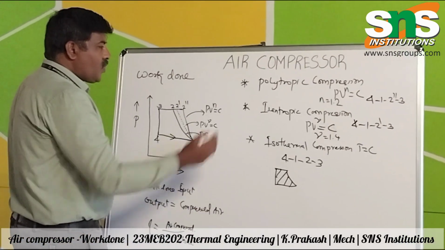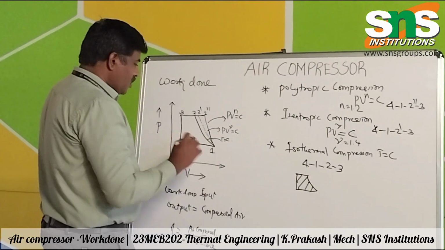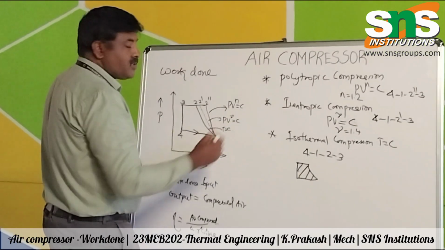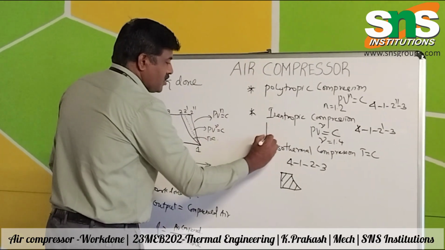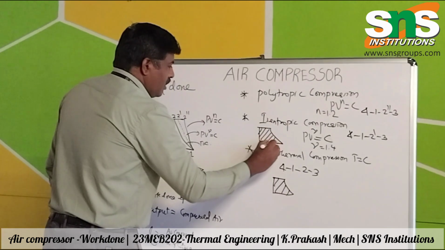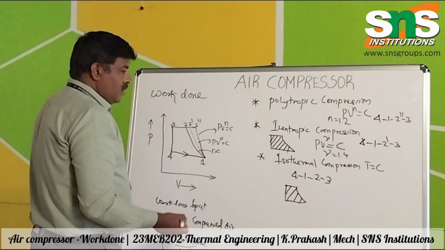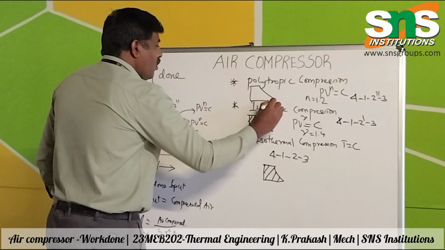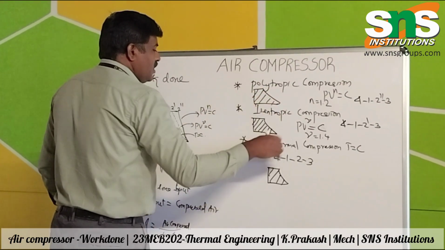When we go for the isentropic compression, the area obtained is a little greater than the isothermal compression. If we go for the polytropic, this area of compression is more compared to both of these.